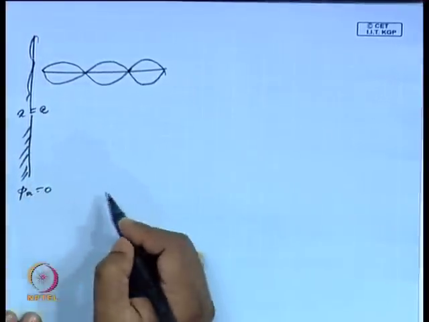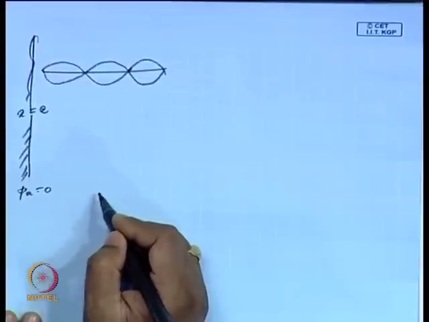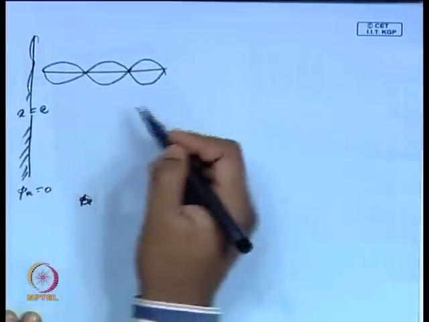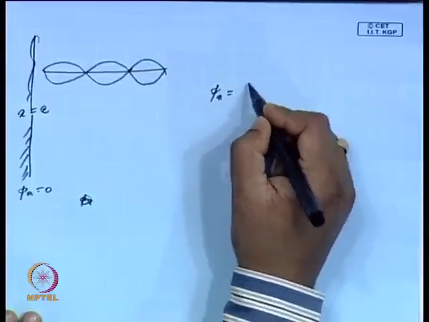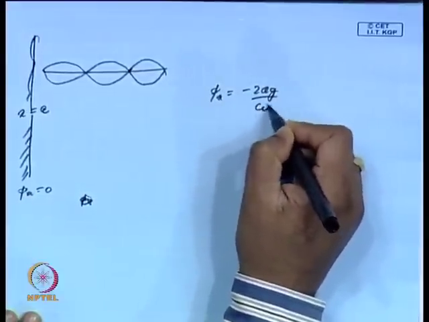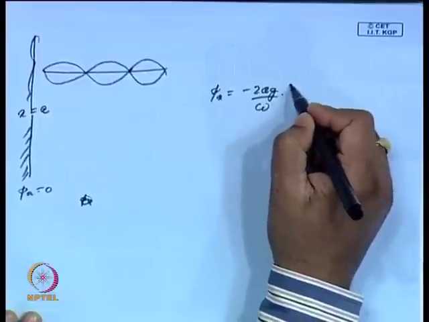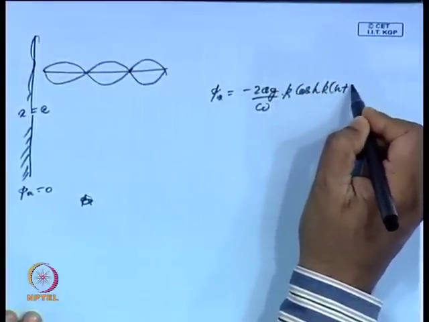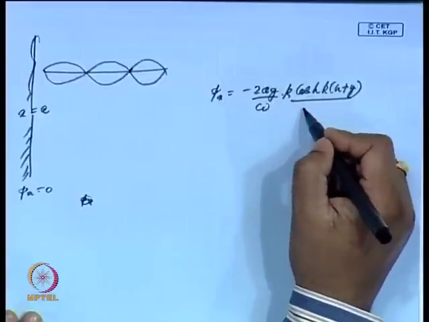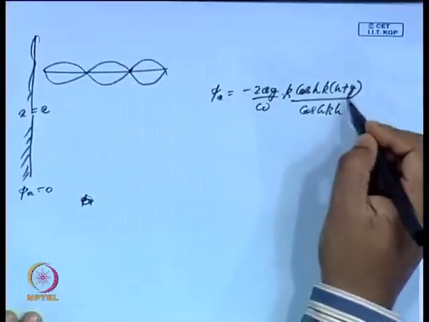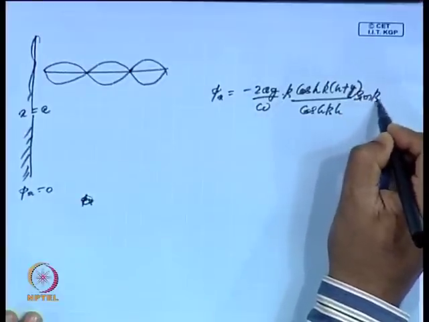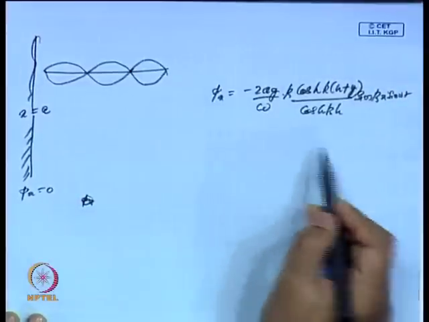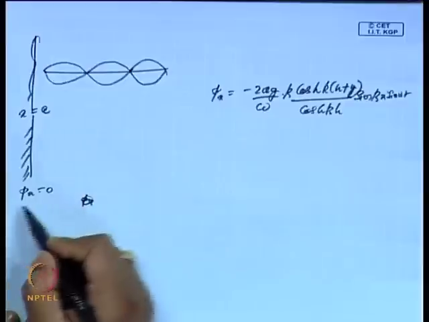So, at x equal to a, phi x is 0, because my phi x will be, in this case, minus 2Hg by omega, then we have a k, which is cosh k(h plus y) by cosh kh into sin kx into sin omega t, and then this phi x is 0 at x equal to a.